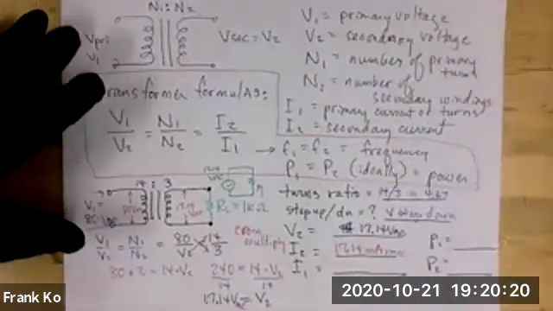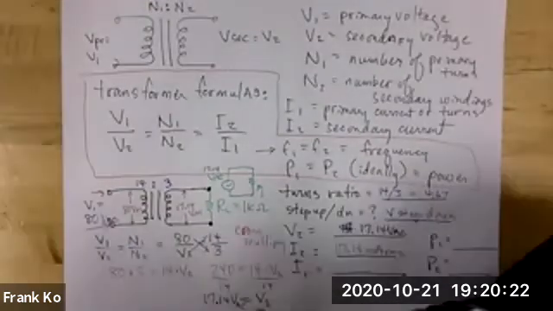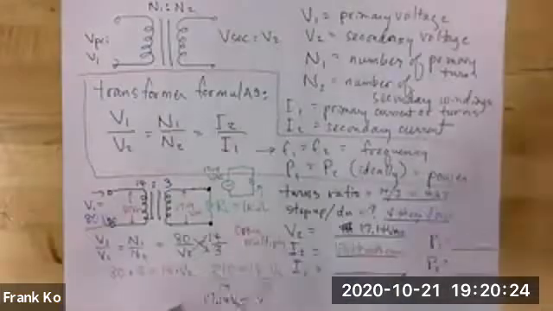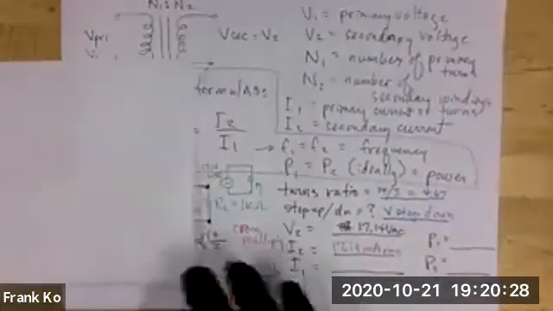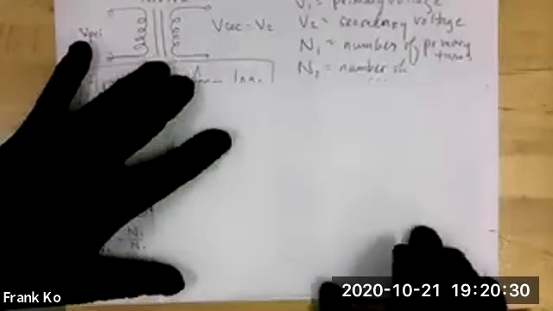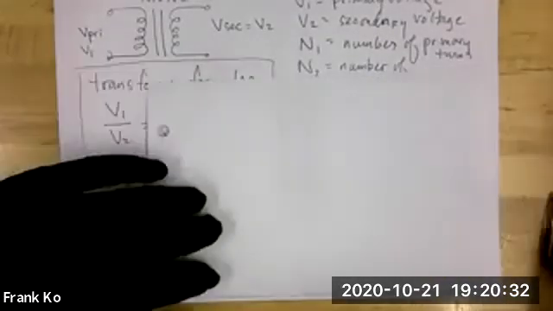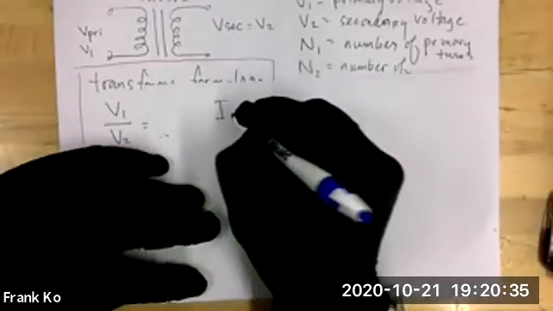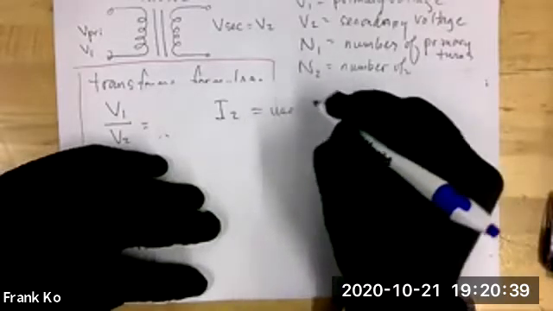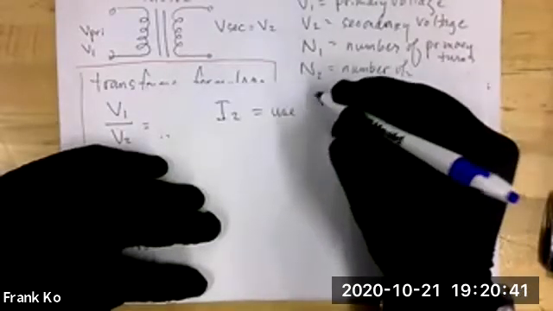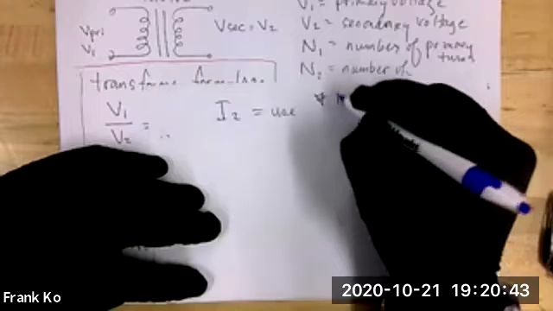I find my primary current by cross multiplying, yeah? I'm running out of room on this piece of paper, so I will go ahead with a new piece of paper right here. And let's do this.